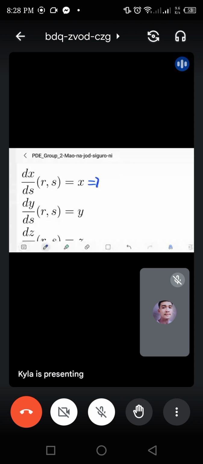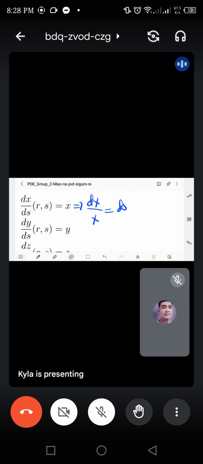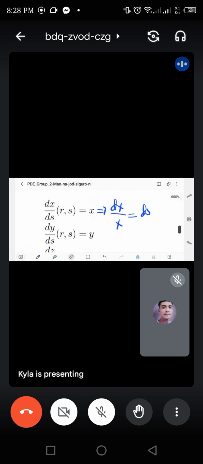So we can write dx over x equals ds. How? We did that by multiplying both sides of the equation by ds to get this.